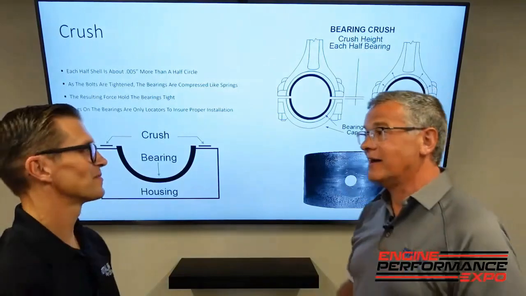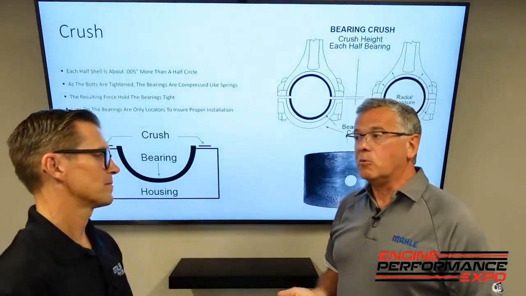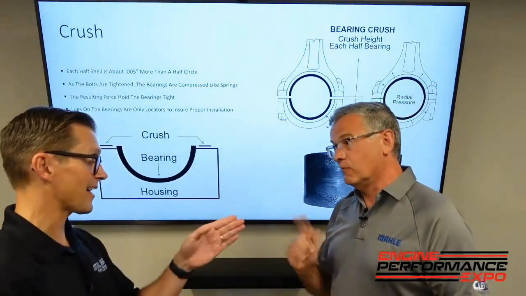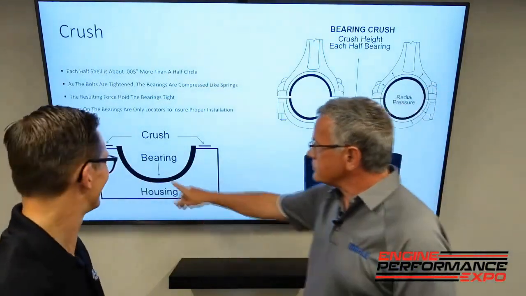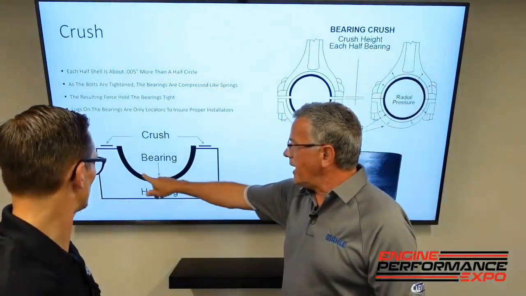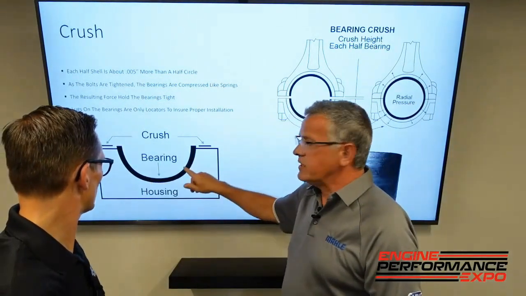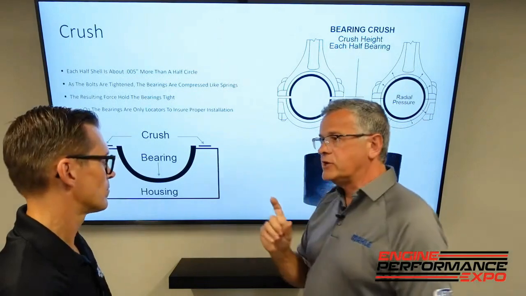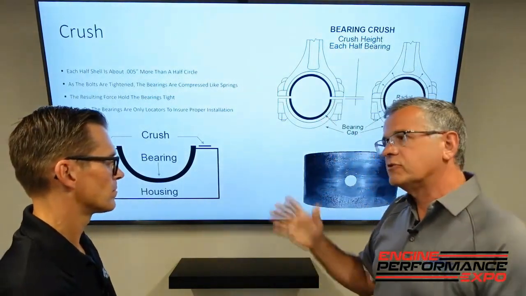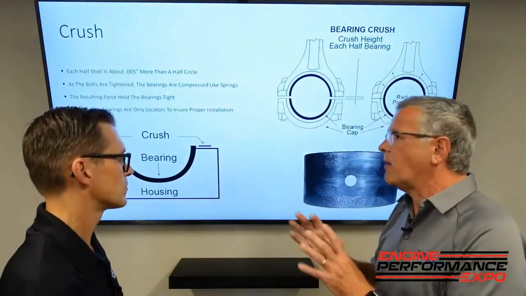Bearing crush. So as we mentioned earlier, it's for locating. They're not creating. Not crush. Yeah. So when we design a bearing, we take the housing bore and we know what the housing bore is, what we recommend that housing bore to be. Right. And typically a bearing will have, on a shell, about 5 thousandths, give or take, depending on how big the shaft or how big the housing bore is.